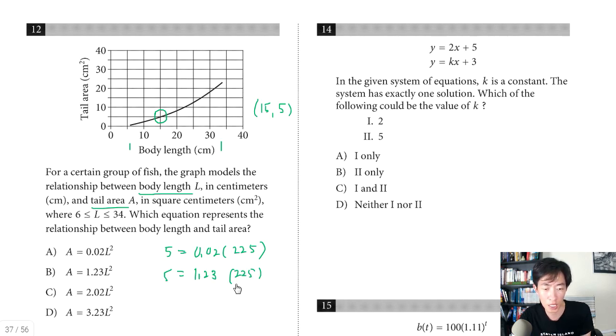Likewise, you're not going to get 5 if you multiply 225 by 2.02 or 3.23. So by elimination of these factors, that means A is going to be the answer. So you didn't even really have to calculate 0.02 times 225. This is also the non-calculator section. So just by glancing at the other answer choices, because they're so far off from choice A, that means A is going to be the answer.